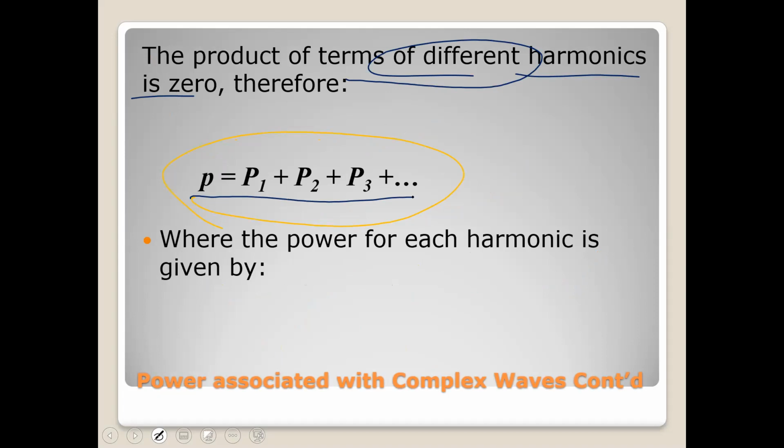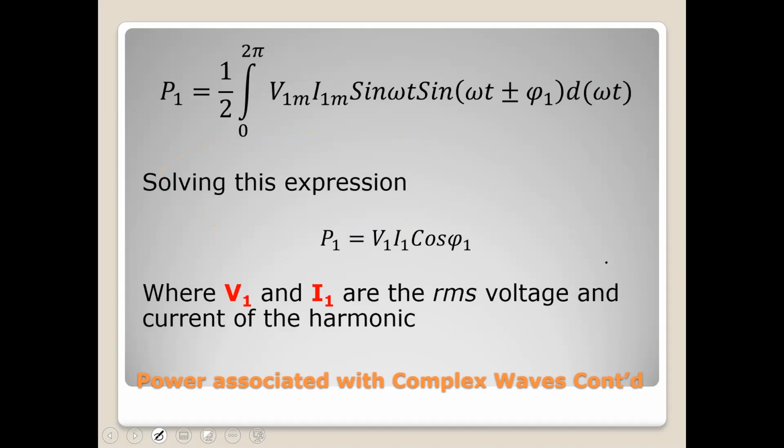All right. And P1, 2, 3 represent the power for each harmonic. And the power for each harmonic, we need to be very clear on this one, is given by the integral from 0 to 2 pi, because we are doing it for a full cycle. So 1 over 2 pi times the integral from 0 to 2 pi of V1m I1m, and of course, we have the sine omega t, which will be from the voltage, and the sine omega t plus or minus phi 1 from the current.